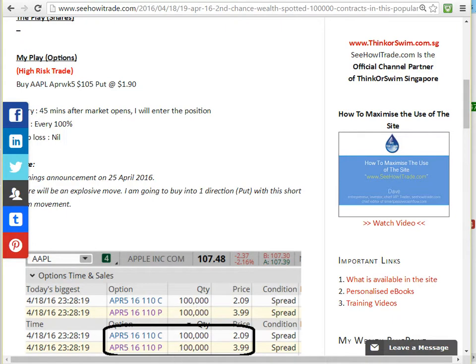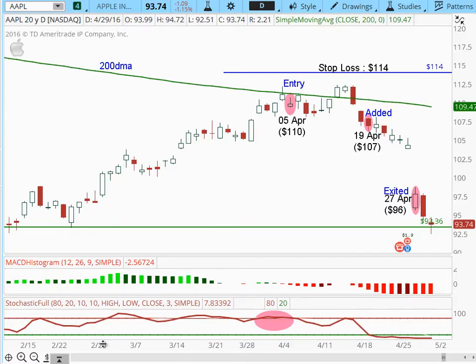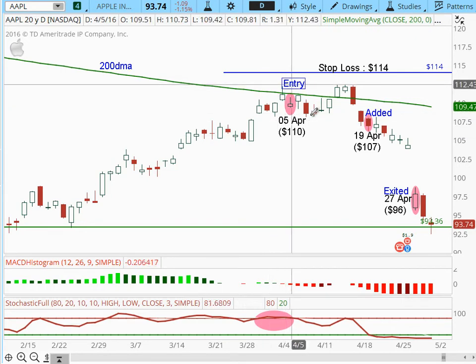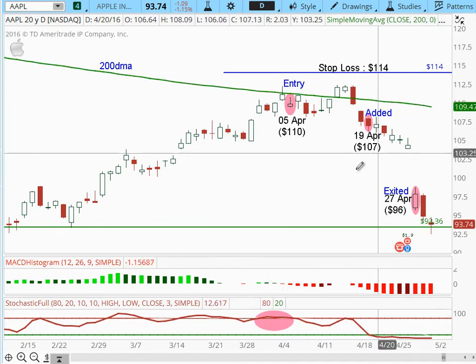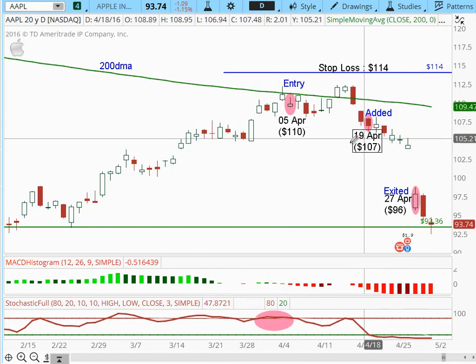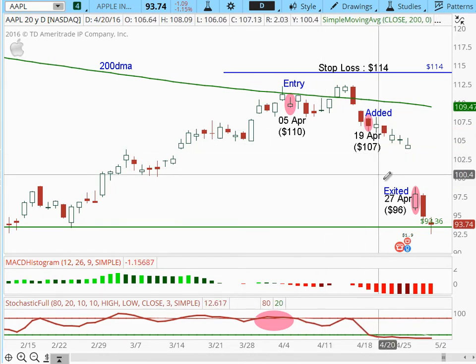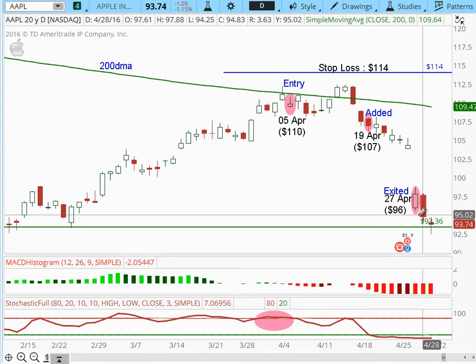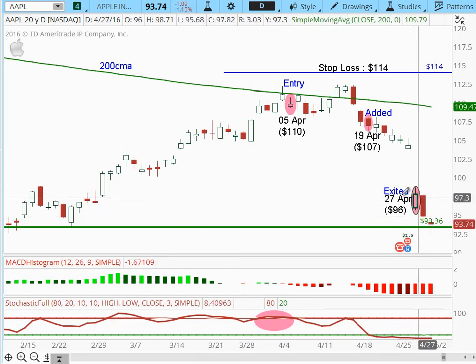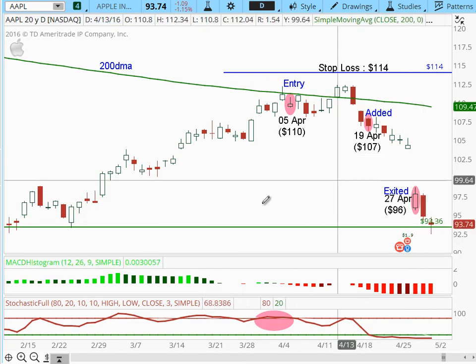Let's take a quick look at the chart again. I placed an entry on the 5th of April, and I placed an entry also on the 19th of April. Both these two positions provided me with very good gains, and I exited most of my positions on the 27th April.